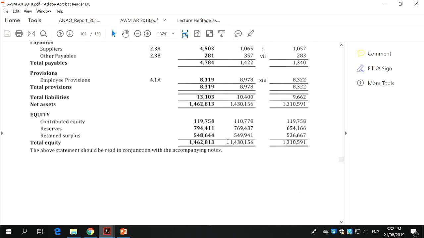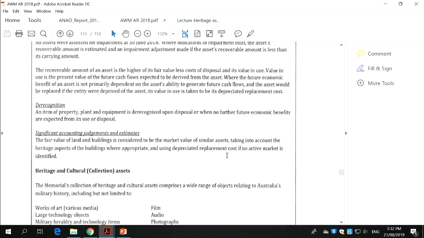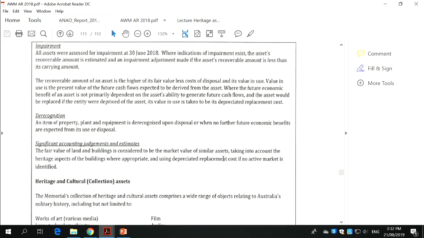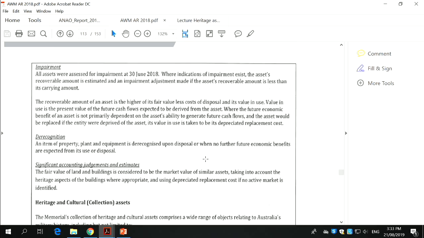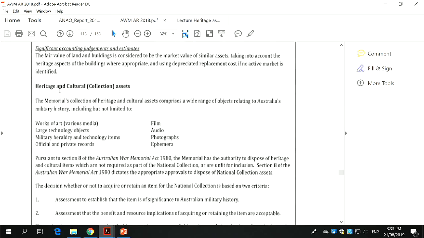So we can have a look at the accounting policy here. The cultural and heritage assets, what do they include? This gives you some ideas of what they include in the War Memorial's valuations of the cultural assets.